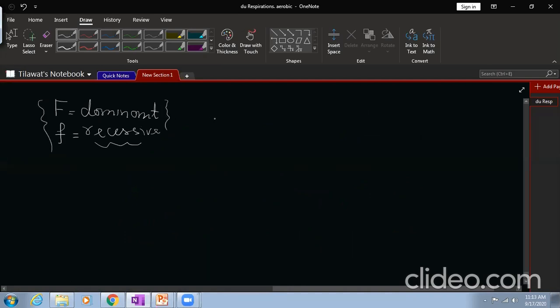Now, for example, a person having this condition F in F, so that person is normal. The condition in this case is homozygous dominant, and that person is normal.